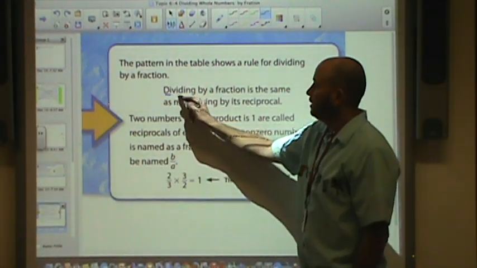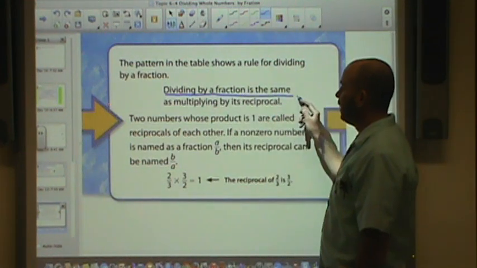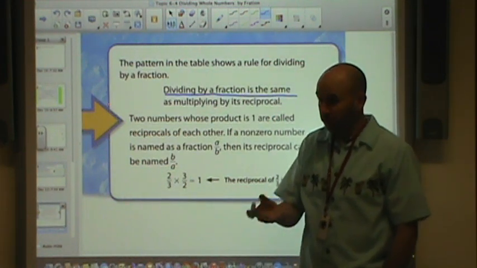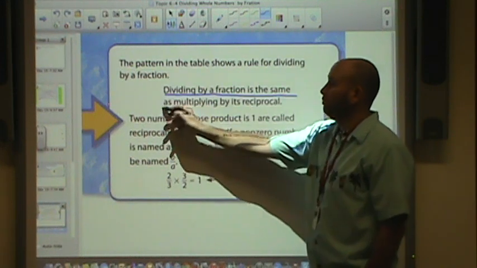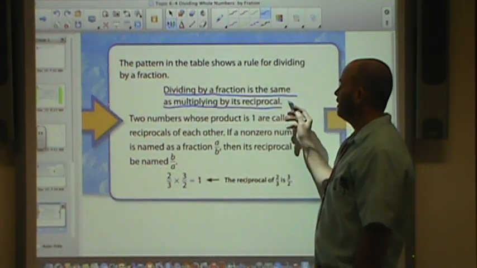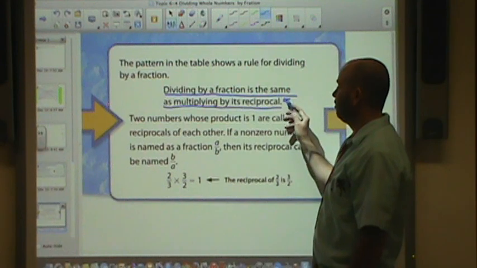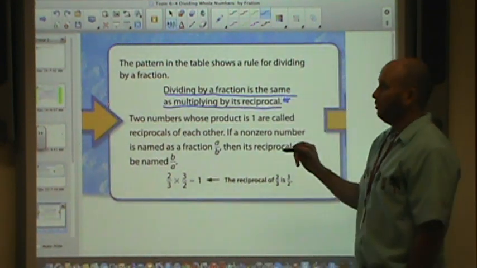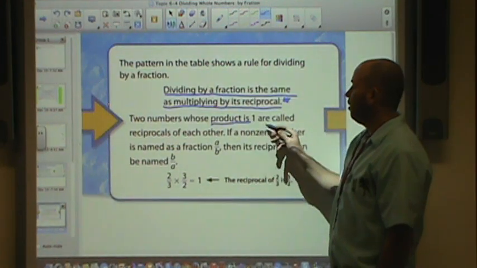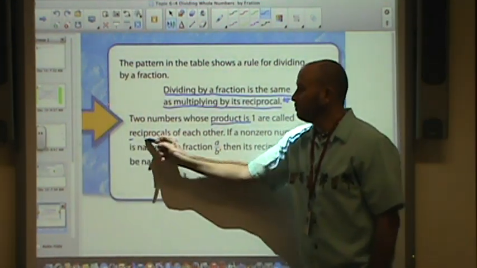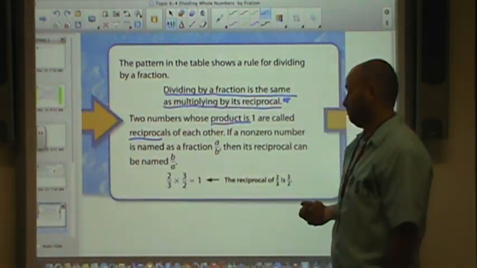And here's the rule, and you need to understand and know this: dividing by a fraction is the same as multiplying by its reciprocal. Two numbers whose product is 1 are called reciprocals of each other.